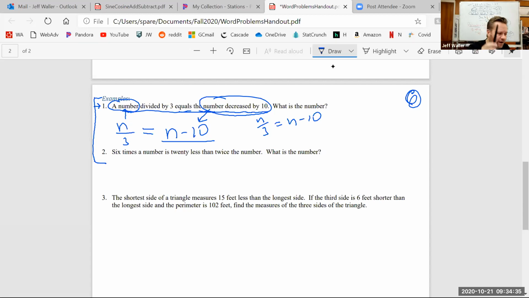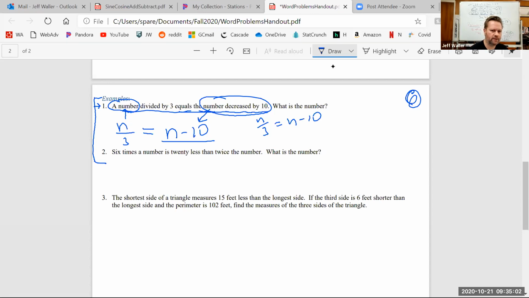If only that fraction wasn't there, this would be a much nicer equation, right? Oh, you guys want fractions. All right, I'll make a note of this. I'll be sure to put a lot of fractions. I'm just joking. Or am I? We'll find out. So how do I kill the fraction?